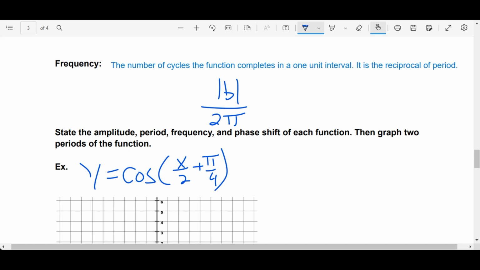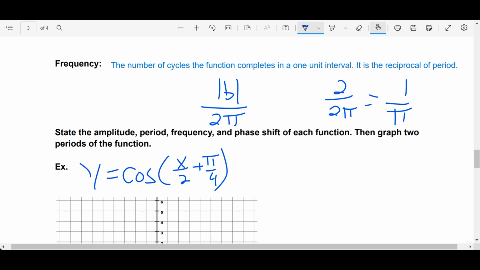Another thing we're looking for is frequency. Frequency is the number of cycles the function completes in 1 unit interval. It's the reciprocal of the period. So in the last problem, when we had sine of 2x, it would be 2 divided by 2 pi, which would be 1 over pi. So what does 1 over pi mean?